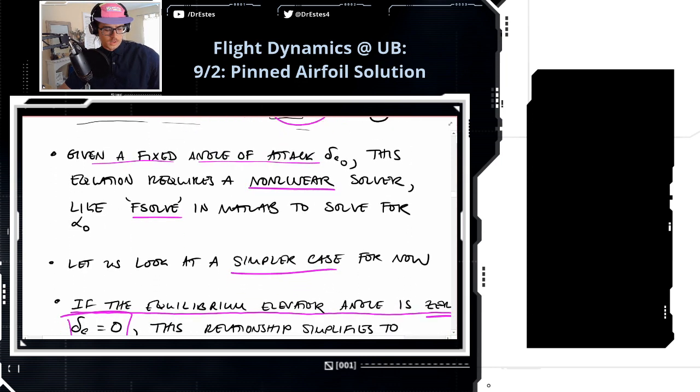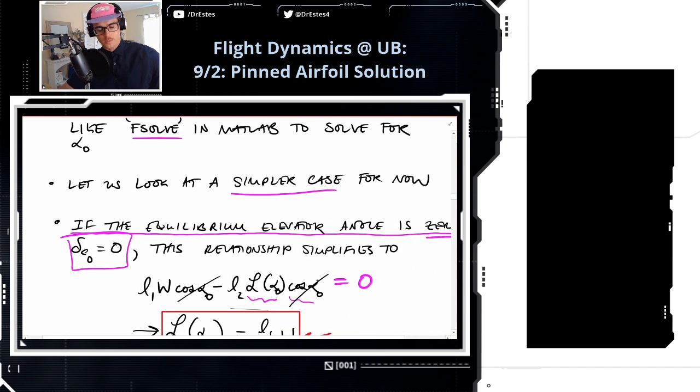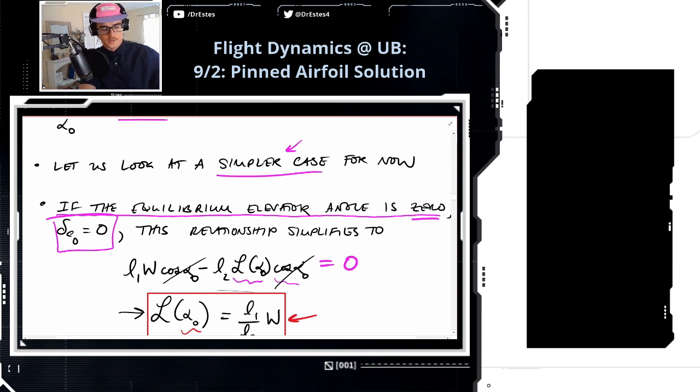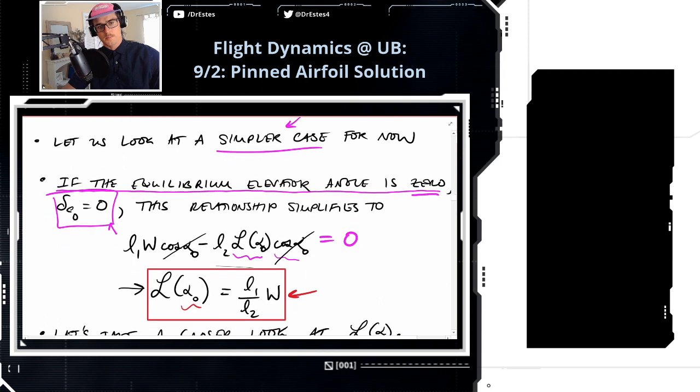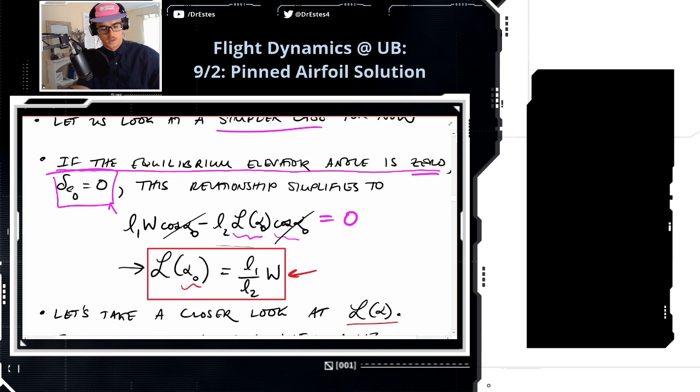Now, but for now in the class, we're dissecting a simpler case where if the elevator angle is just set equal to 0, then it's much easier to solve for the equilibrium angle of attack.